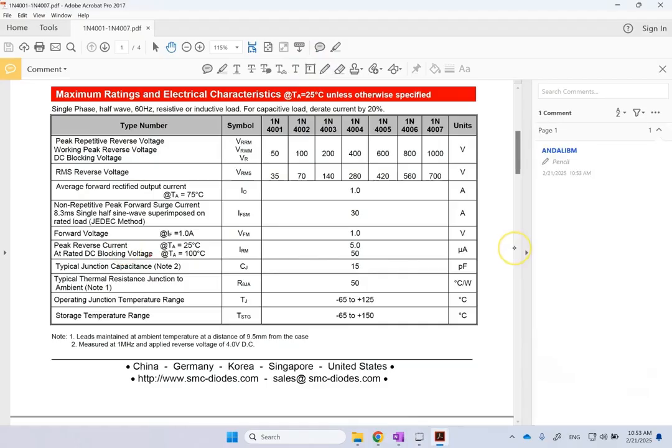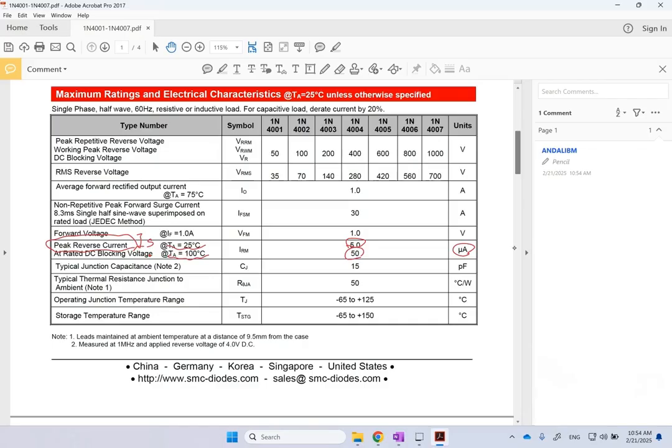That is what you need. That is your IS. And you see that it depends on the temperature. At room temperature, it's about 5 microamps, as I said, very small. But if the temperature goes up, it can go up to 50 microamps.